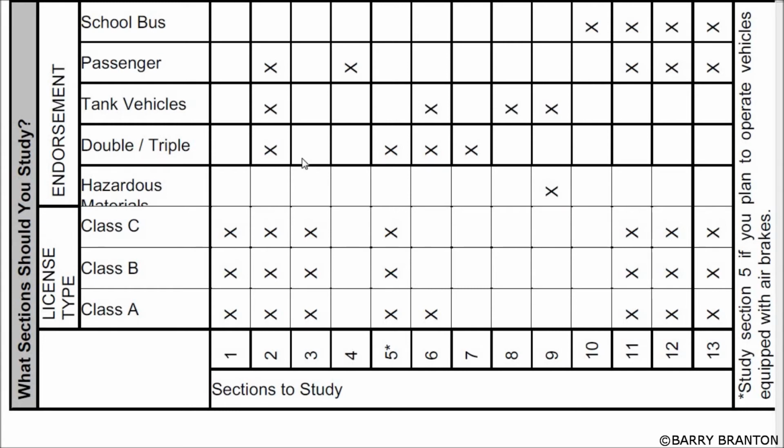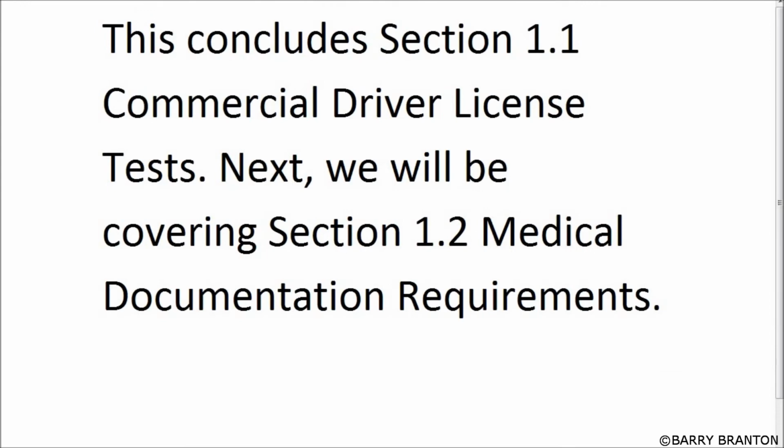So if you study this chart, it will tell you for what type of endorsement, what sections that you need to study. This concludes Section 1.1, Commercial Driver License Test. Next, we will be covering Section 1.2, Medical Documentation Requirements.